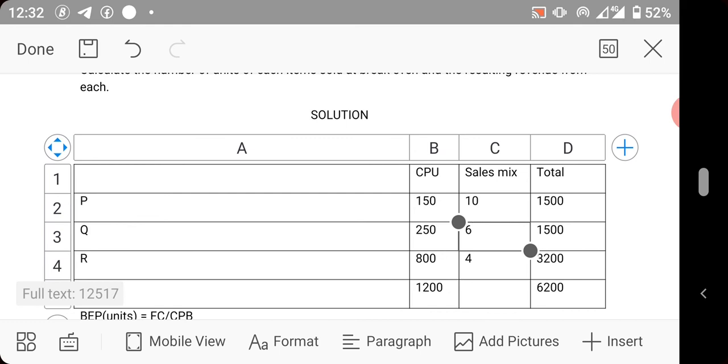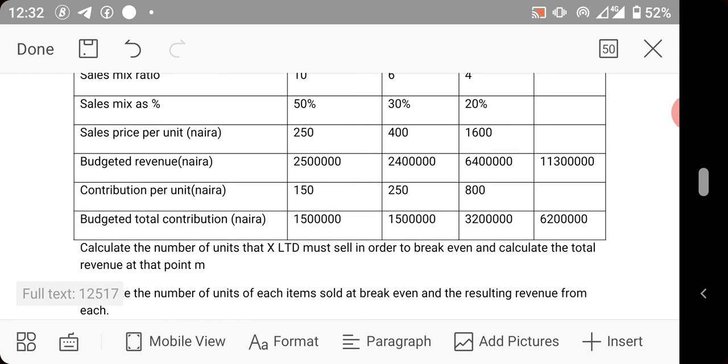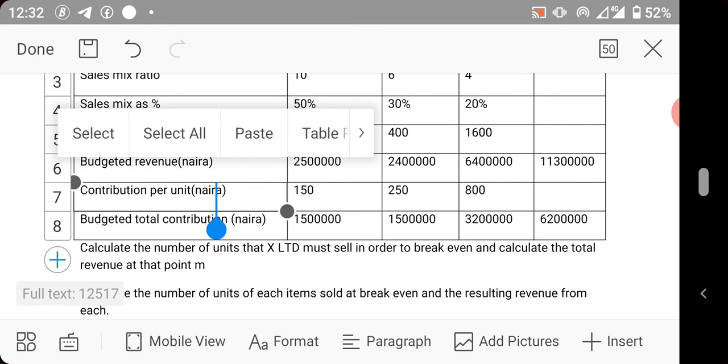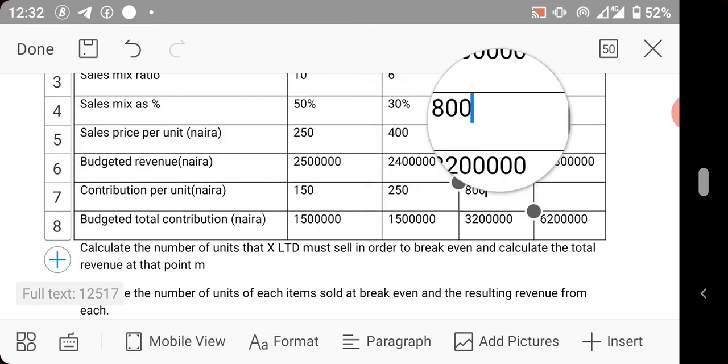So we want to get the contribution per batch using this table. These are the contribution per unit which was given to us in the above question, in naira. So this is 150, this is 250, this is 800.